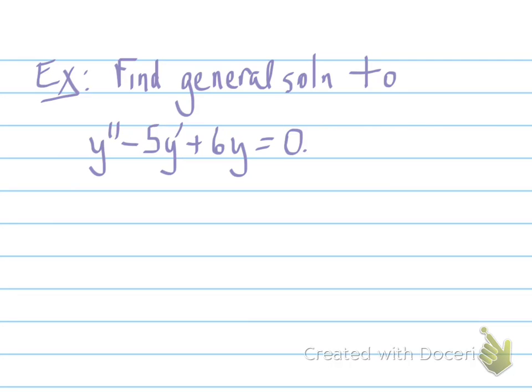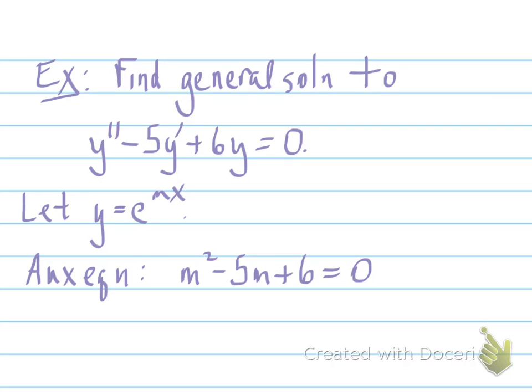Let's find the general solution to y double prime minus 5y prime plus 6y equals 0. We are going to assume that we have a solution of the form e to the mx, which means that our auxiliary equation is m squared minus 5m plus 6 equals 0. You should check that.